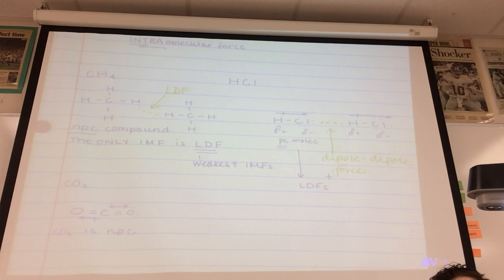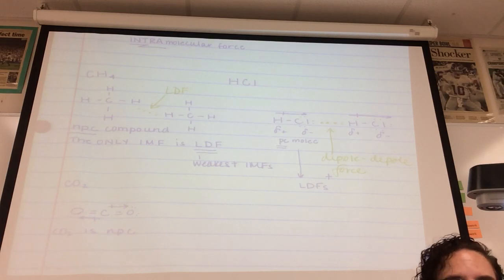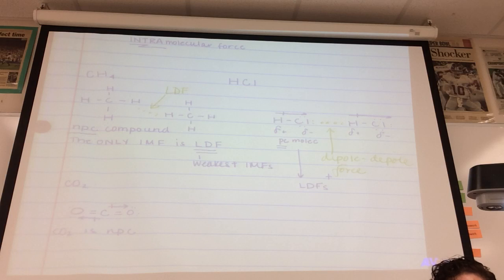And that's why polar covalent molecules typically have higher melting and boiling points than nonpolar covalent ones, because in addition to LDFs, they have dipole to dipole interactions, and those dip to dips are stronger than LDF. There are a few exceptions to the rule, but we're not going to get into that.